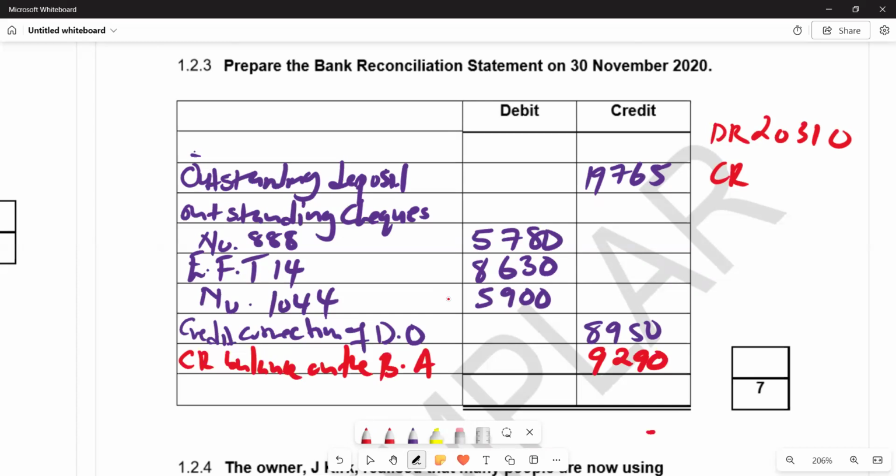And then we add 9,290. And then we are going to get 38,005. So we see that the credit is a greater total. So that's the amount that is supposed to come in between the double lines: 38,005. And then here again we get 38,005.